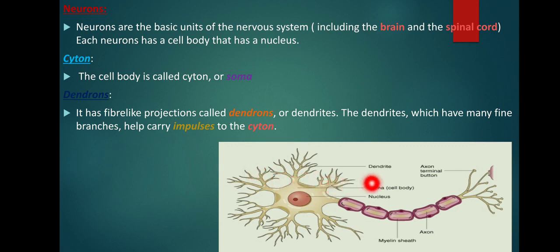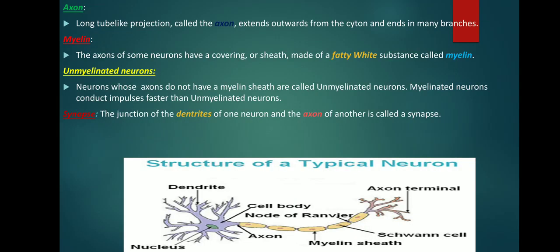A neuron might have only one axon. An axon looks like a long stem growing off the cell body. Axons carry electrical messages away from the nerve cell body.